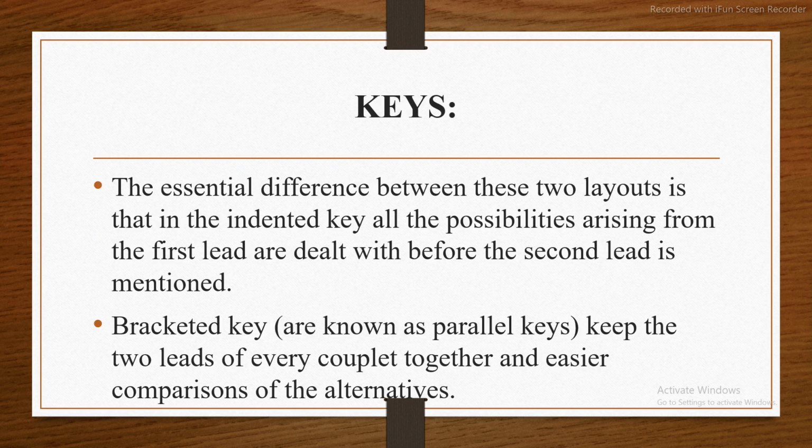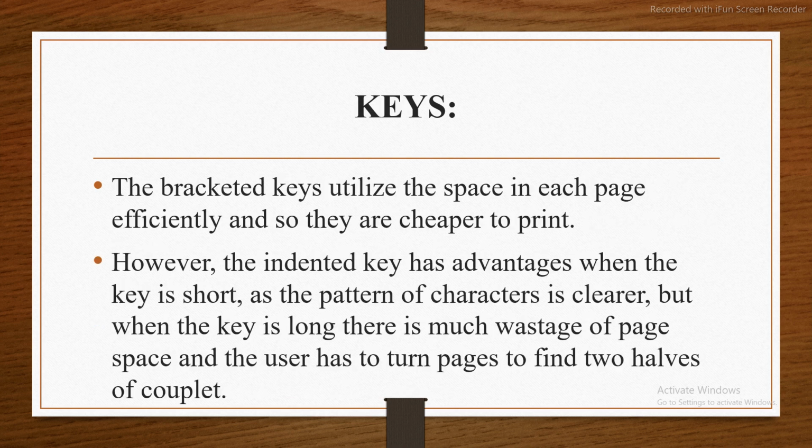The essential difference between these two layouts is that in the indented key, all the possibilities arising from the first lead are dealt with before the second lead is mentioned. Bracketed keys are known as parallel keys and keep the two leads of every couplet together, allowing easier comparison of the alternatives. So, the bracketed keys utilize the space in each page efficiently and so they are cheaper to print.